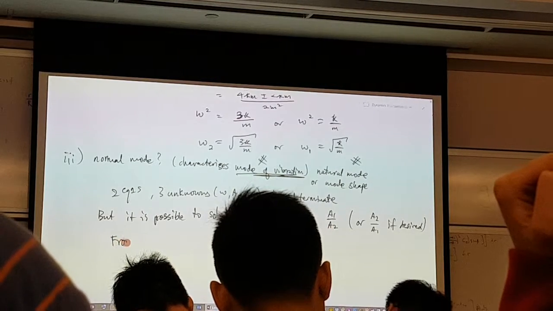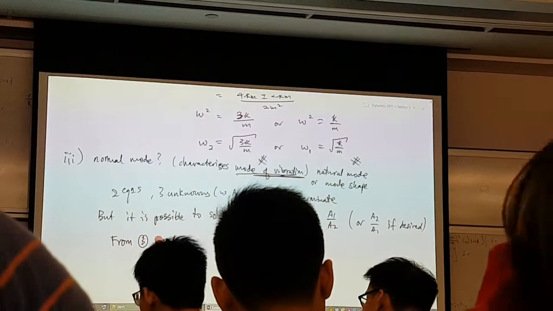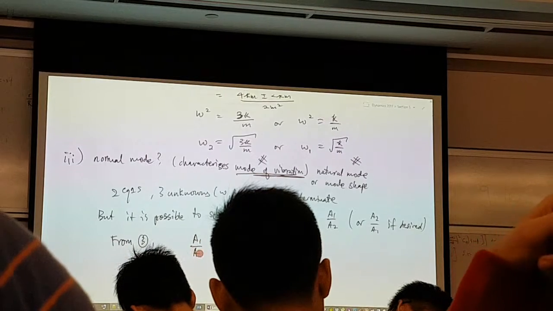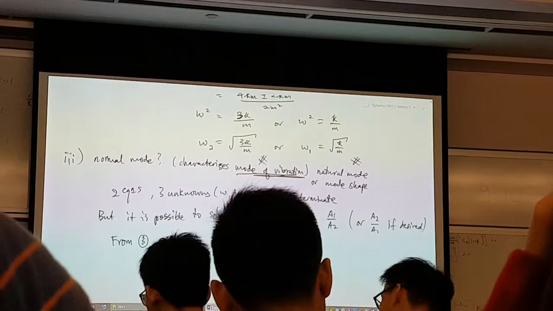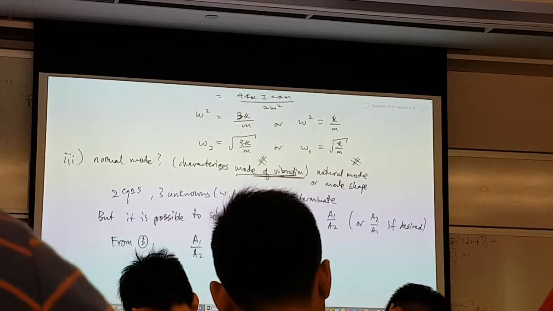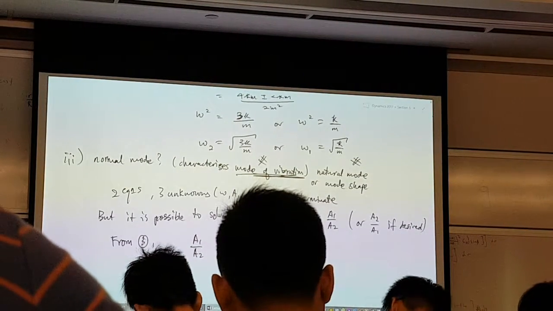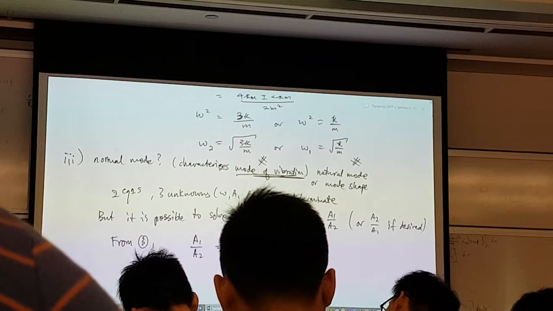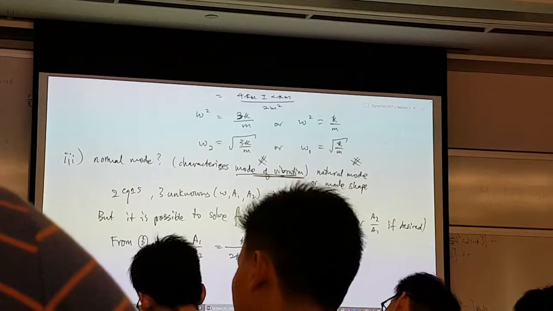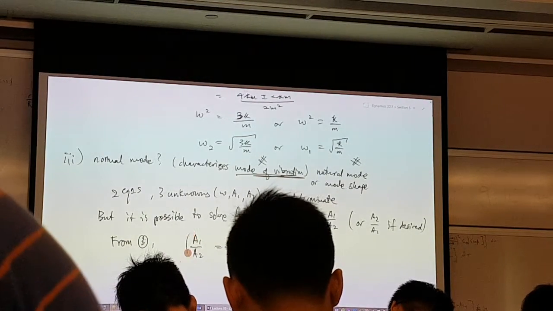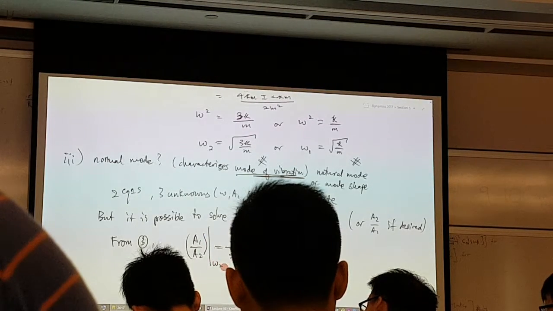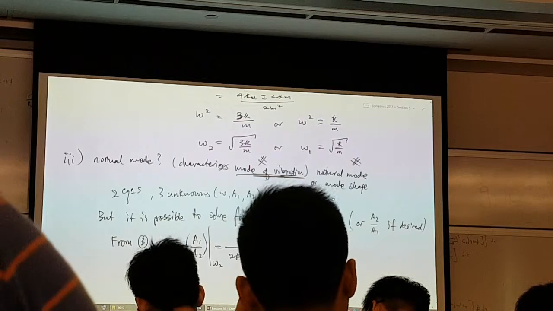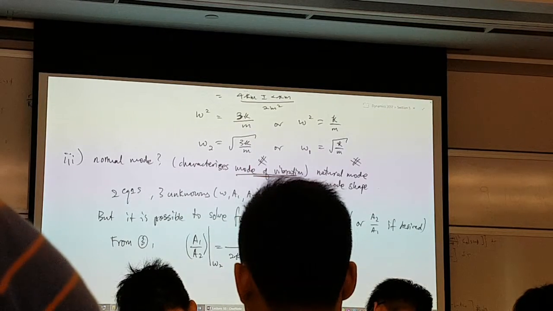So if you look back from equation 3, A1 over A2, we can formulate that. That will be equal to K over 2K minus M, 3K over M. So how do I get that? Because I solve this at the condition of omega 2. So this part over here is actually your omega squared.